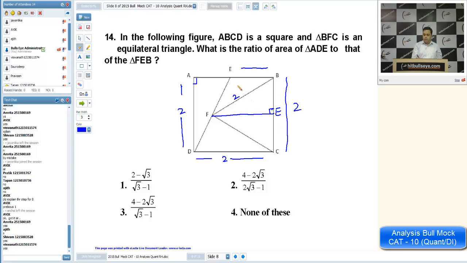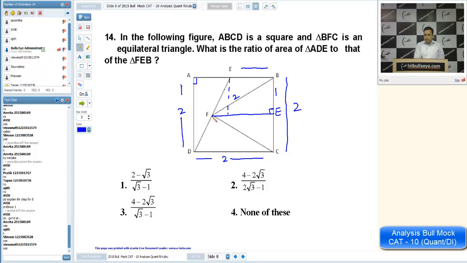So BE will be equal to 1. Here in triangle ADE, I have the side 2 and the second side is still unknown, and in triangle FBE, the height is known but the base is still unknown.